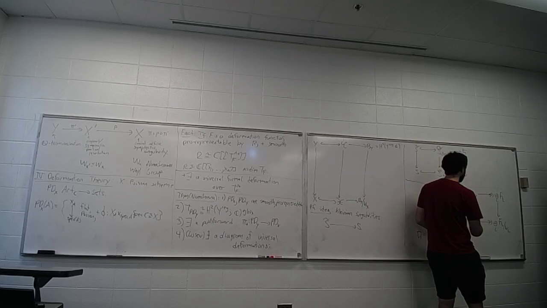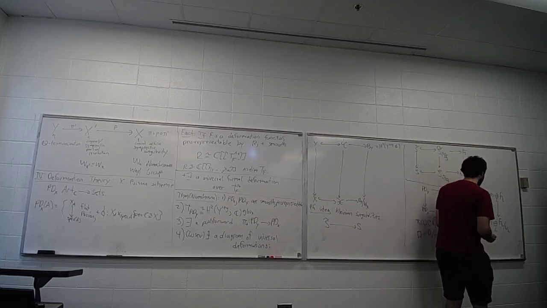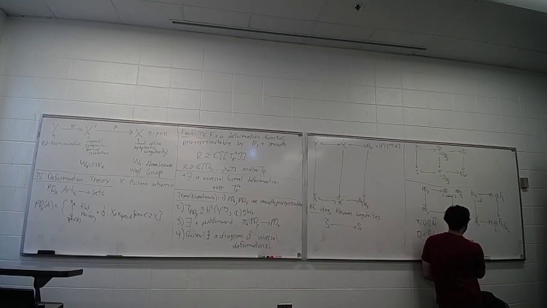And then it turns out that this diagram is Cartesian, and this gets us that the base of X is isomorphic to the base of Y, mod the direct sum of all these Weil groups.